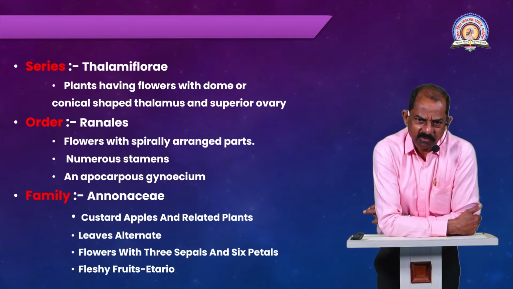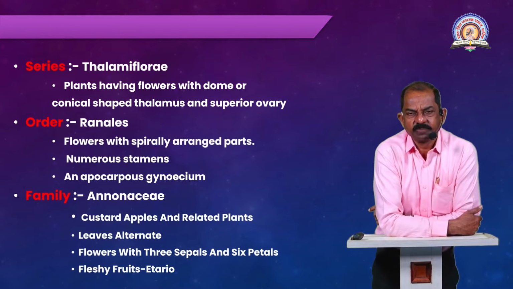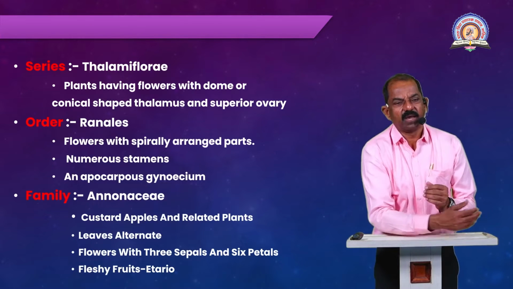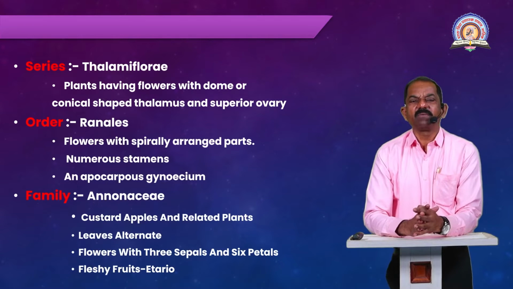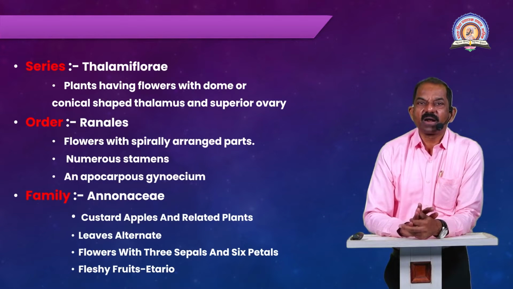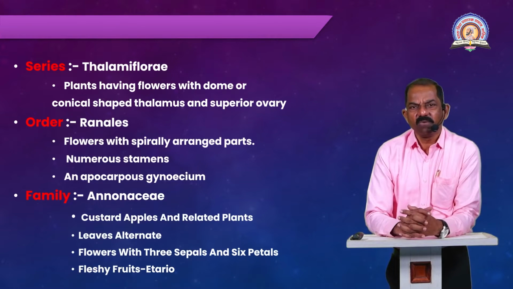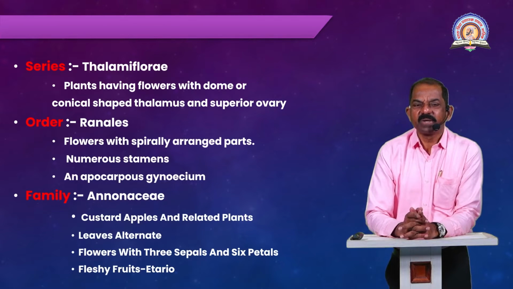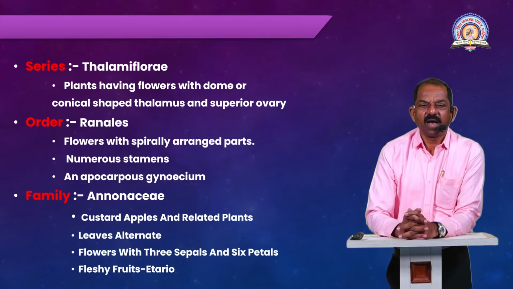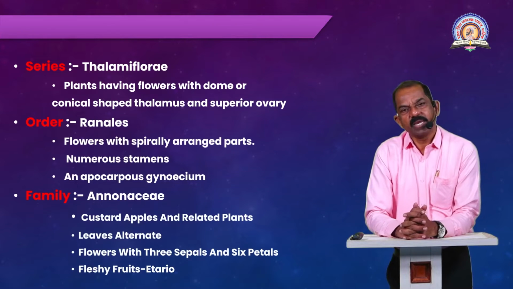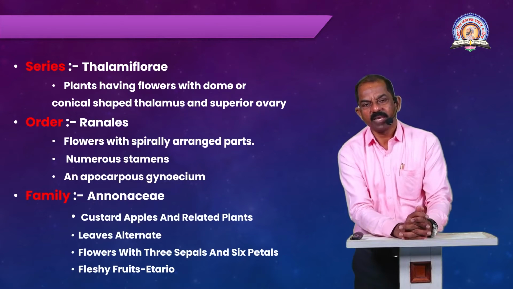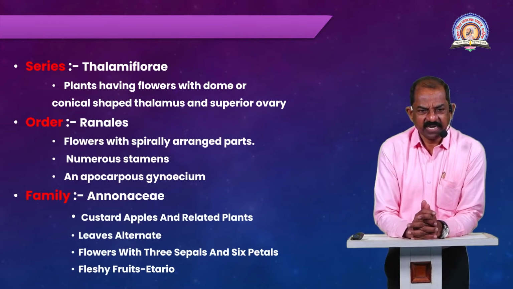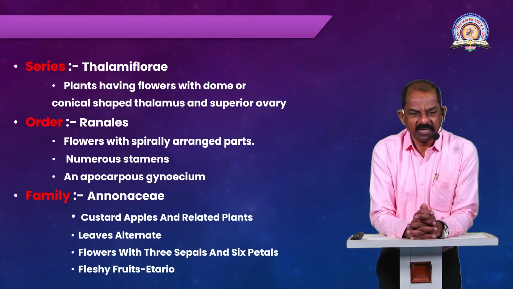Here the family Annonaceae is classified under the order Ranales, and the characteristics of the Ranales are flowers with spirally arranged parts. Yes, the floral whorls are spirally arranged. Numerous stamens are present, and an apocarpous gynoecium is there in the Ranales. So friends, generally we know that there are two types of gynoecium.